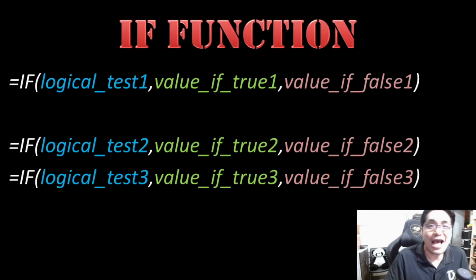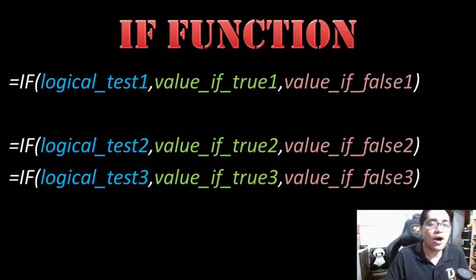So essentially, what you will have are 3 if functions. You have the first if function with the first logical test, value if true 1, value if false 1. Then you have your second logical test 2, value if true 2, value if false 2. Then your third logical test, value if true 3, and value if false 3.